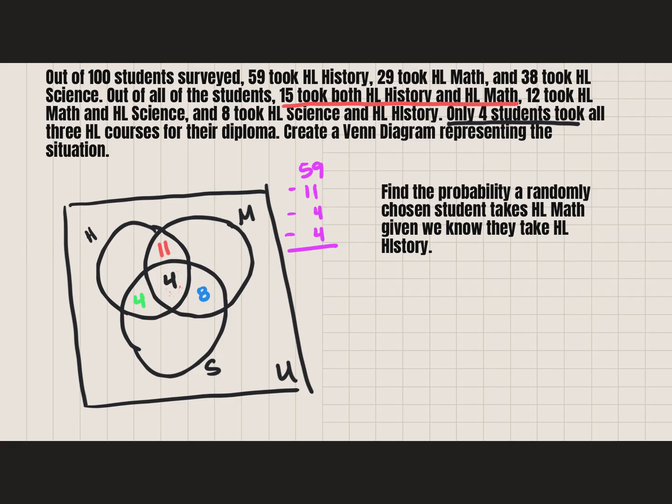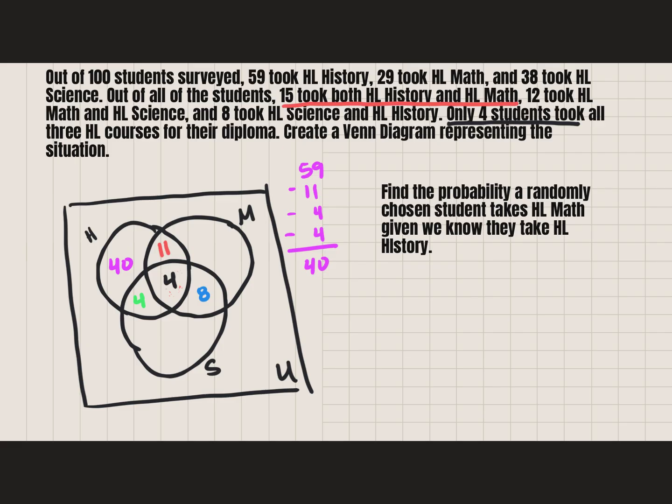So if I subtract out that extra 19 students, I end up with 40 that exclusively took HL history. And maybe they didn't take HL math or science, maybe they had to take, who knows, HL theater as one of their HL courses for their diploma. But there's 40 that exclusively took HL history.